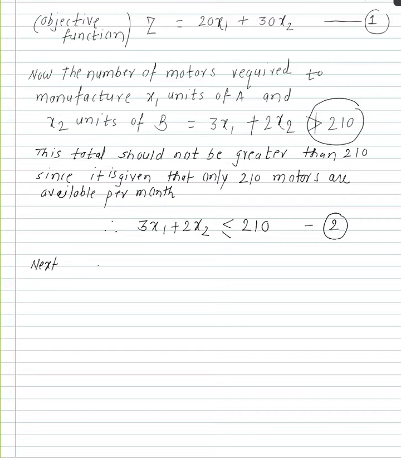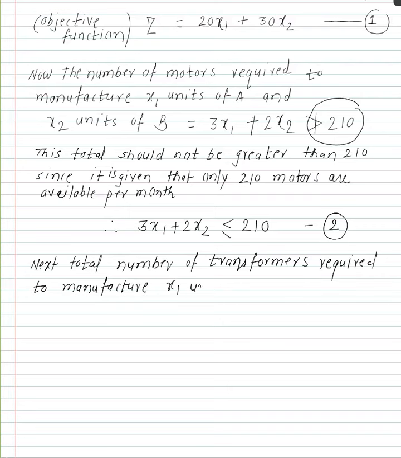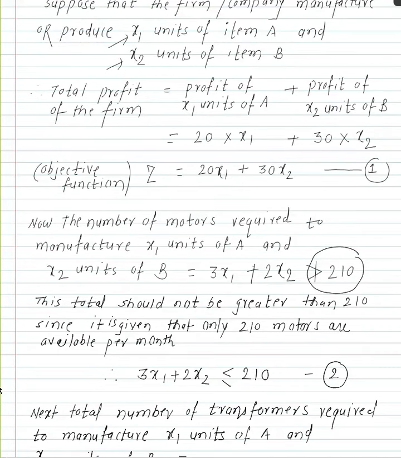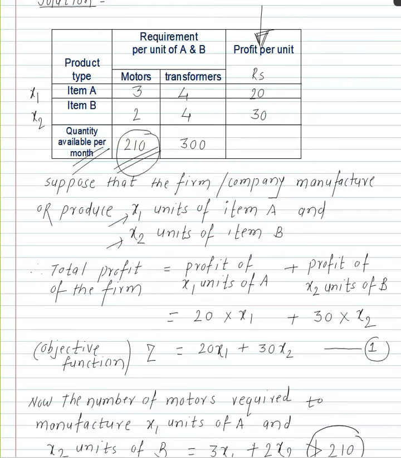Next, the number of transformers required to manufacture x1 units of A and x2 units of B. Now look at the column transformers.